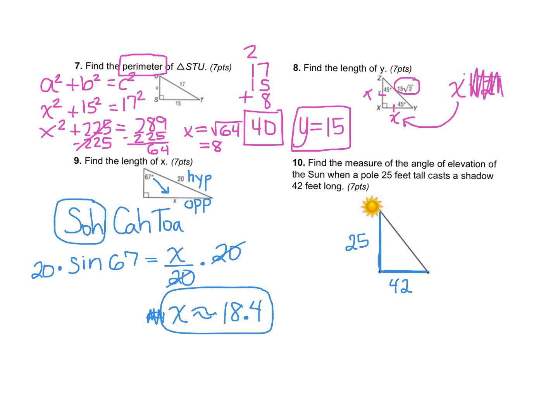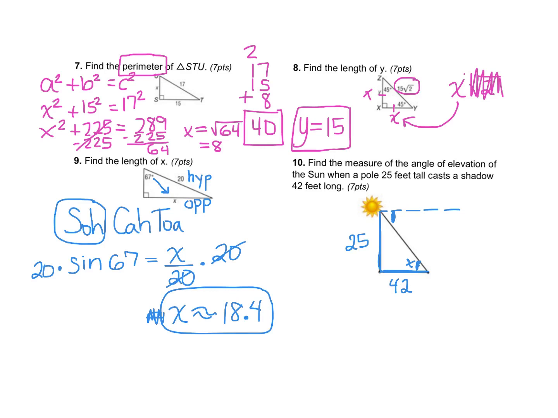So if we're looking at the angle of elevation, we're looking at this angle right here. So I'm going to put X right here. And realize that the angle of elevation is congruent to here, the angle of depression, because they are alternate interior angles. So I know that there's different ways that you can look at the same picture.